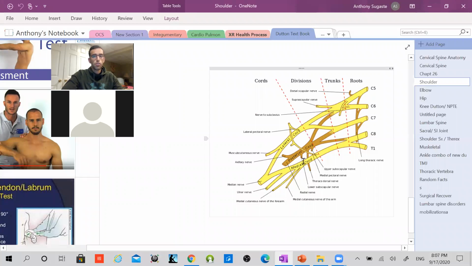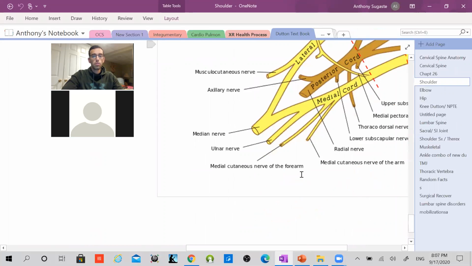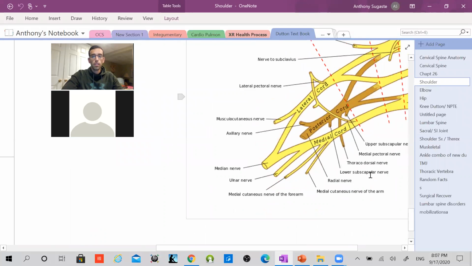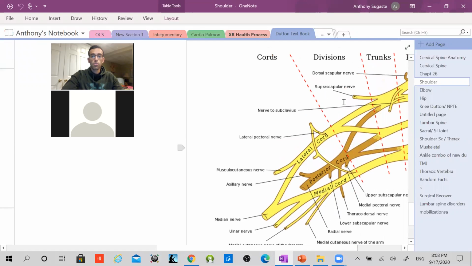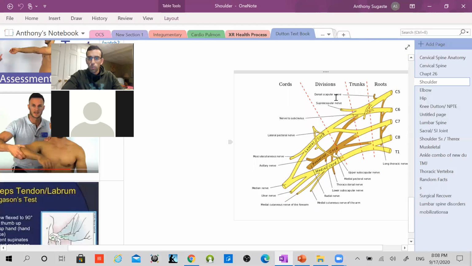Again, very general. So when it comes to nerve involvement, you're going to have this area here. And the nerves that we are going to be looking at, or that are incorporated in the rotator cuff muscles, we have your subscapular nerve, the suprascapular nerve, your dorsal scapular nerve, long thoracic nerve.